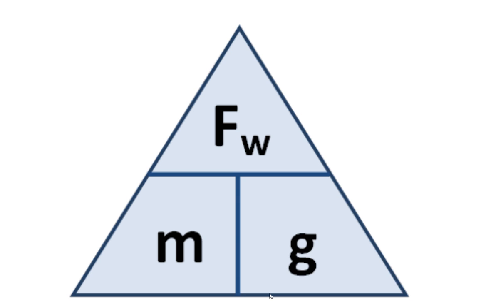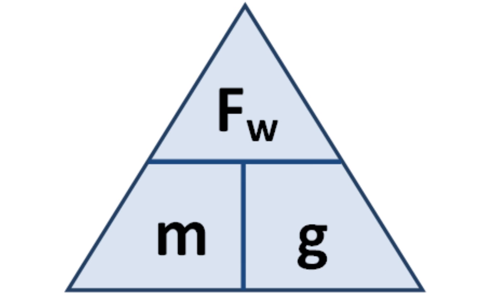So if we have a look here, there we go. In my triangle, force is the weight force, so your weight is equal to your mass times gravity. Now remember, guys, your mass is the thing that doesn't change unless we start hacking off limbs or something like that.